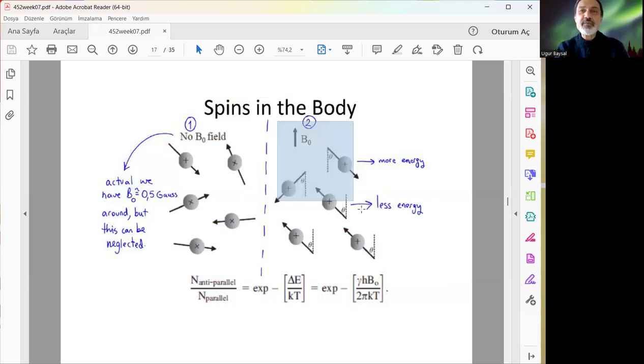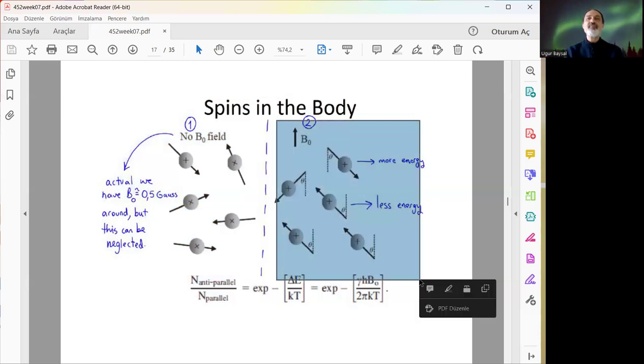When this body is placed in a strong magnetic field, B0 magnetic field, up to 3 Tesla, according to their quantum properties and random distributions, some of them align into the field direction, but not completely aligned. So there's an angle theta.